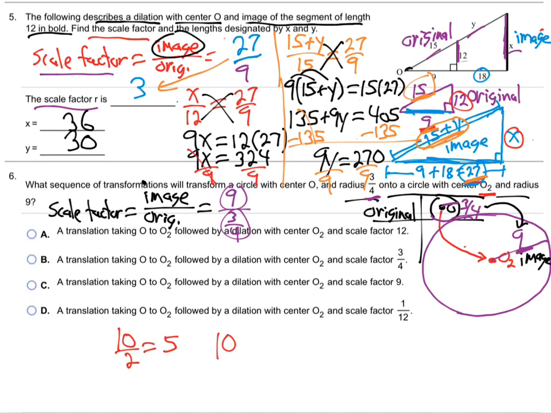And what if I take 10 times half? What's half of 10? Well, same thing, 5. So dividing by 2 is the same as multiplying by a half, isn't it? In other words, dividing is just multiplying by the upside down. This is the upside down of 2, the 1 over 2. So dividing and multiplying are just the same thing.